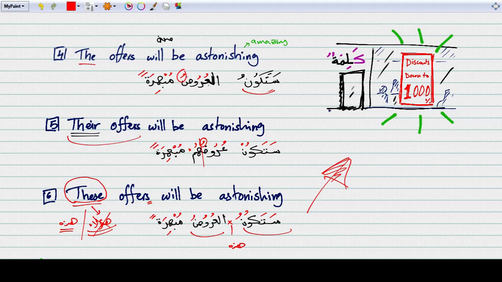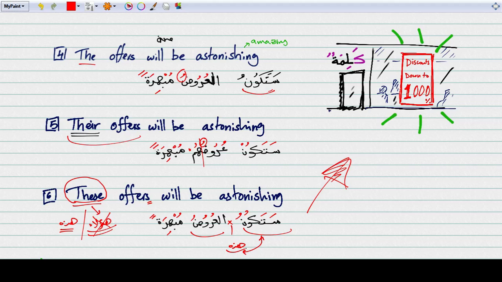The reason is the same reason why I'm choosing هذه. So ستكون العروض مبهرة. I'm choosing هذه basically, and it will be in harmony, let's say. I don't know what word I should use here, but it will be in harmony because you're using تكون and you have to use هذه.